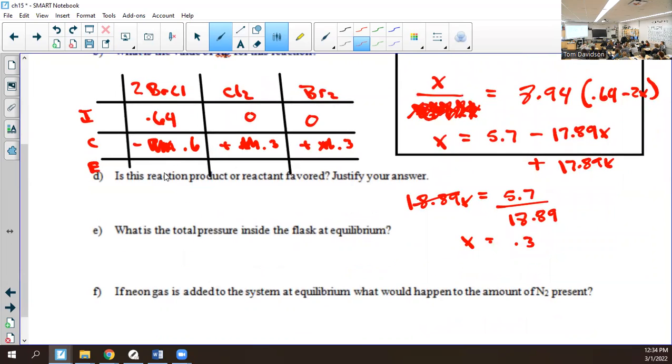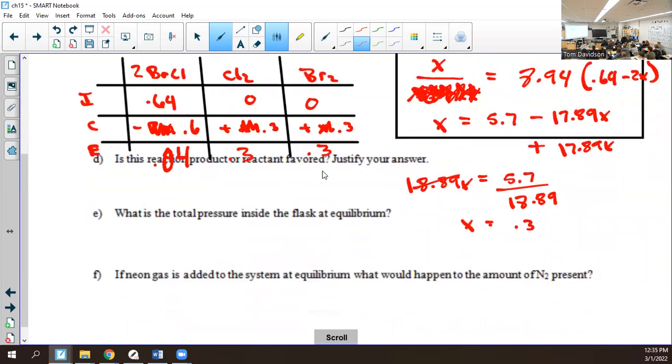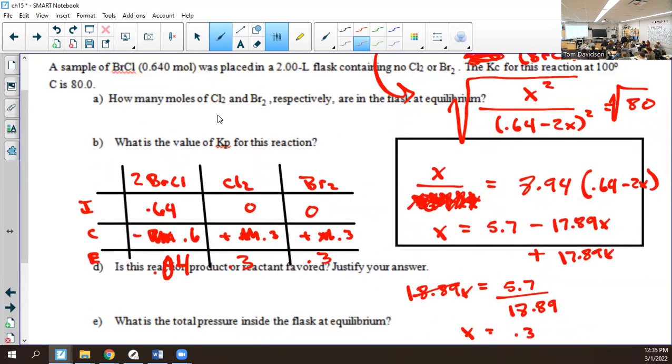So what do we have at the end here? The question asks, how many moles of Cl2 and Br2 do you have at equilibrium? 0.3 moles. A lot of work to get that, right?